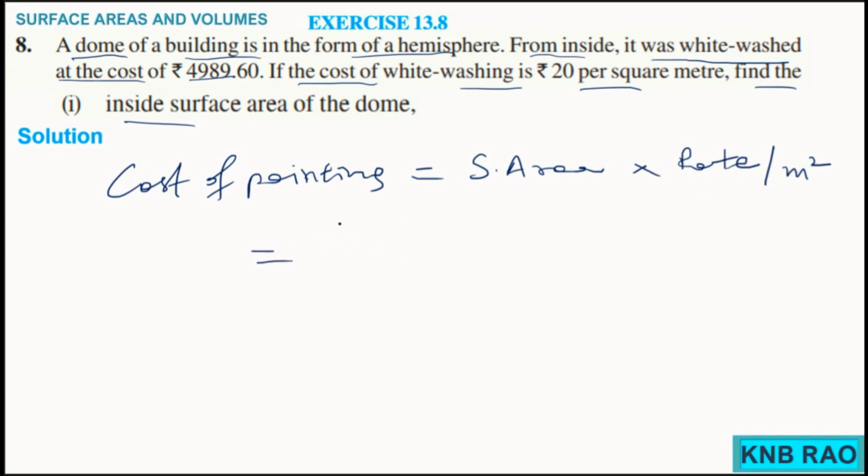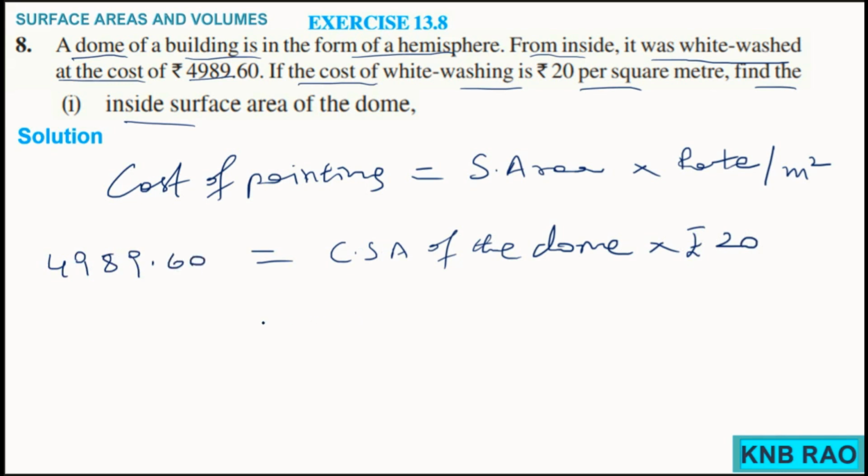That means the curved surface area, or inside curved surface area, of the dome into 20 rupees is equated to 4,989 rupees 60 paise.